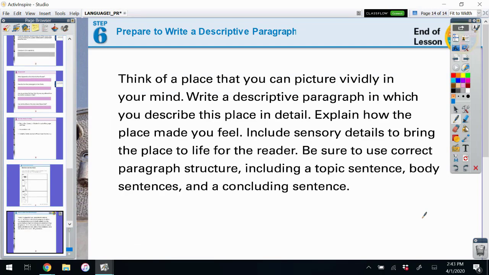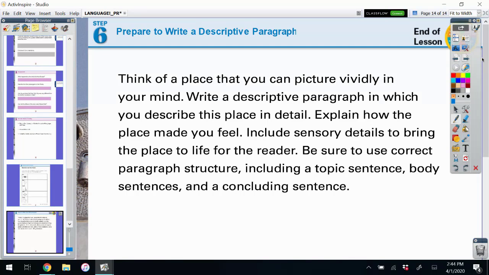Think of a place that you can picture vividly in your mind. Write a descriptive paragraph in which you describe this place in detail. Explain how the place made you feel. Include sensory details to bring the place to life for the reader. Be sure to use correct paragraph structure, including a topic sentence, body sentences, and a concluding sentence.